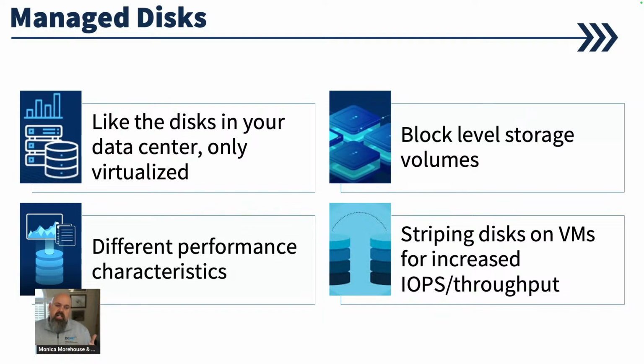So if you've never done any type of disk striping, essentially if we combine two disks together and they both have, let's say, 5,000 IOPS, if we took two disks at 5,000 IOPS, we'd get 10,000 IOPS because we've striped them together. That's one way that we can optimize performance is by striping those storage disks together.